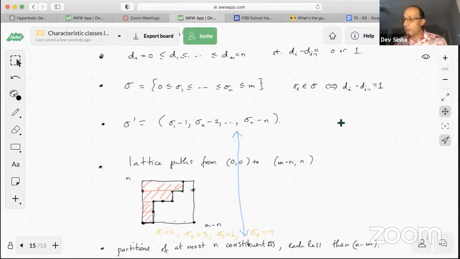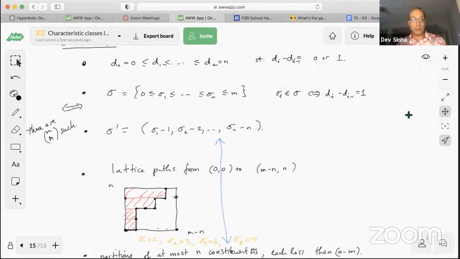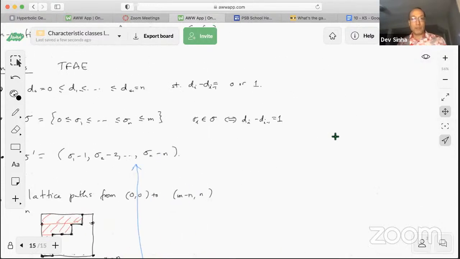So let me maybe say that over here. This implies there are m choose n such, regardless of how we look at it. You're choosing where you jump. Okay.